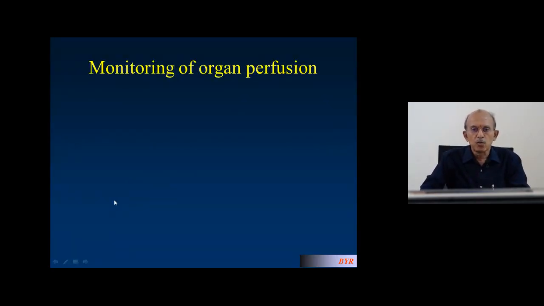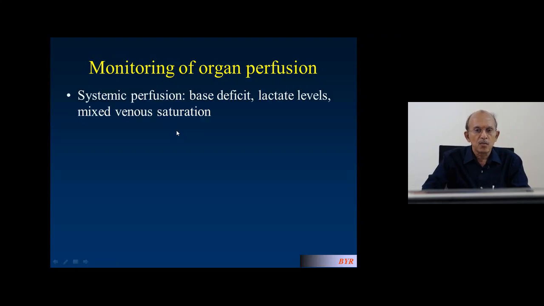Then I will tell you a few monitorings for organ perfusion also. The best monitor for organ or visceral perfusion is renal output. But in some advanced centers, where there is severe blood loss or where the patient has a lot of other comorbidities, further monitoring will be done: base deficit, lactate levels, and mixed venous saturation.